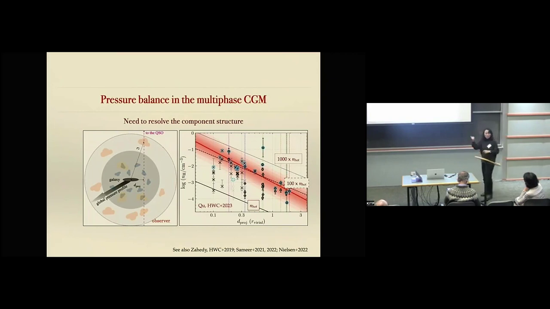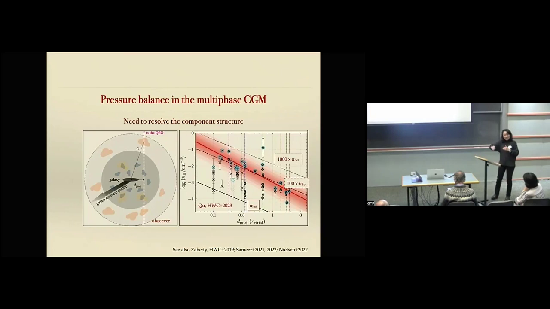So going back to this picture, now we have assembled a sample of these intervening halos probed by a background sightline. In this particular paper, we put together a sample of 20 star-forming galaxies at redshift 1. This is led by a postdoc, Zhijie Chu at Chicago.